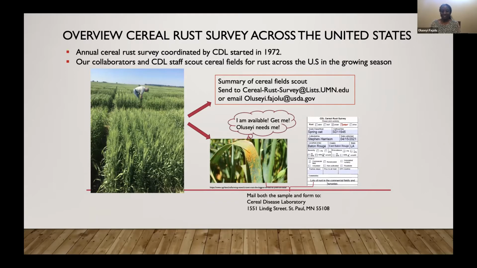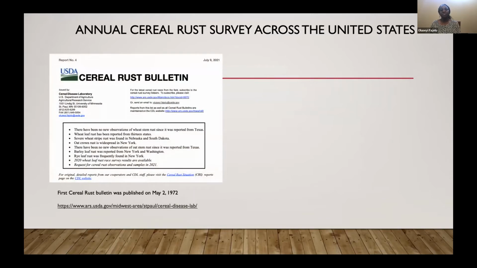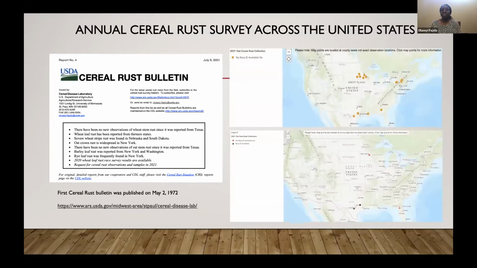Please, we need those rust samples, so please collect and send rust samples to us. Information from the rust survey is summarized and published in the rust bulletin. This is also displayed on maps for our virtual distribution of rust pathogens across the US.